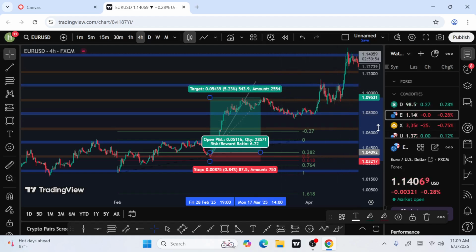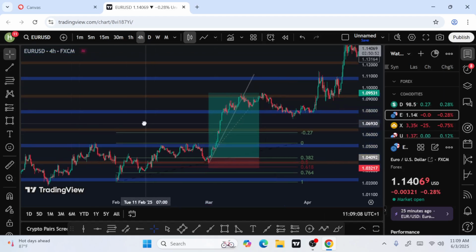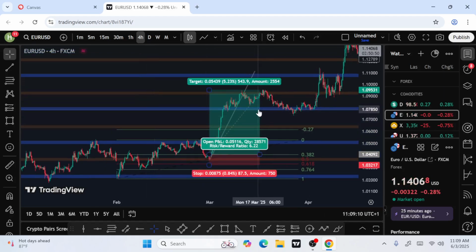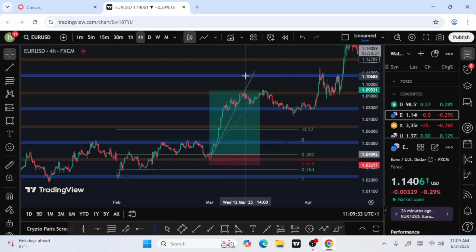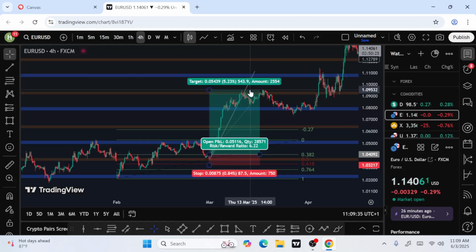How many pips is it? 543.9 pips. Yes, this is 543.9. So if you use 0.01, 0.01 for these pips will be $50. 0.1 will be what? $500.